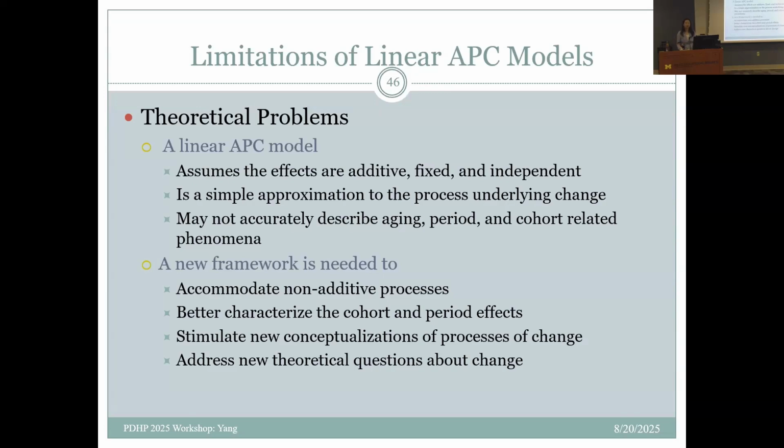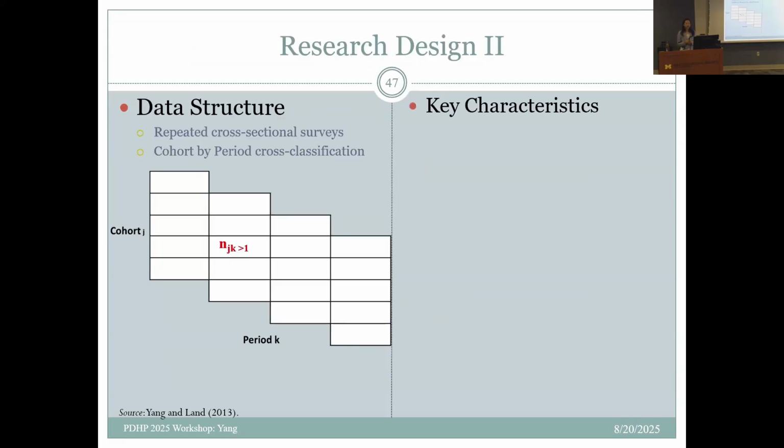It's a tall order, but let's see whether we can move one step forward. So to move beyond the identification problem, we begin with better data. The first research design is also repeated cross-sectional, but just at the population level, right?